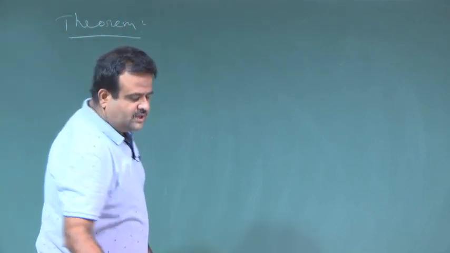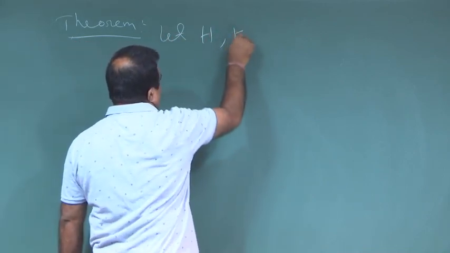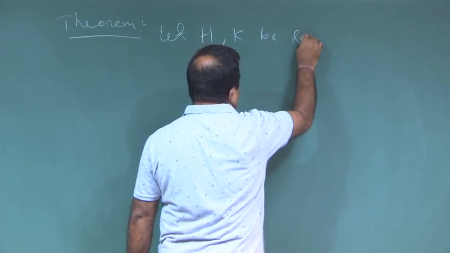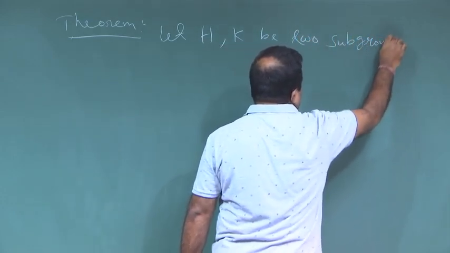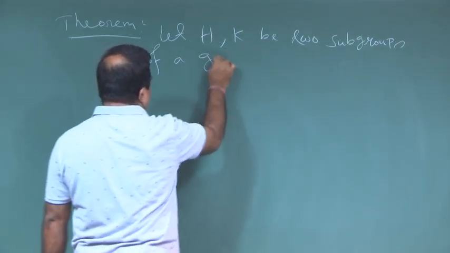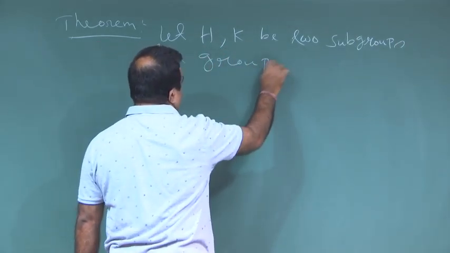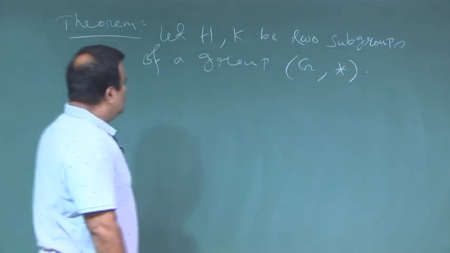Okay, so this is telling: let H and K be two subgroups of a group G. So, we can define the operator also.